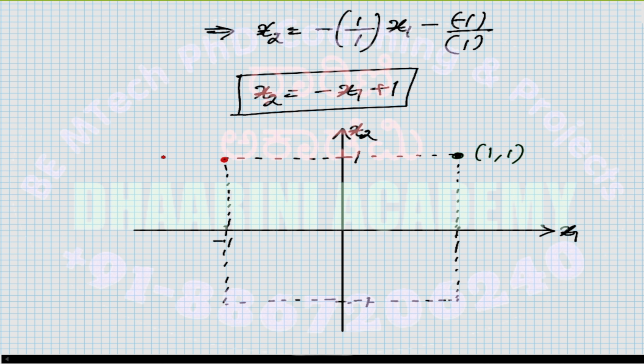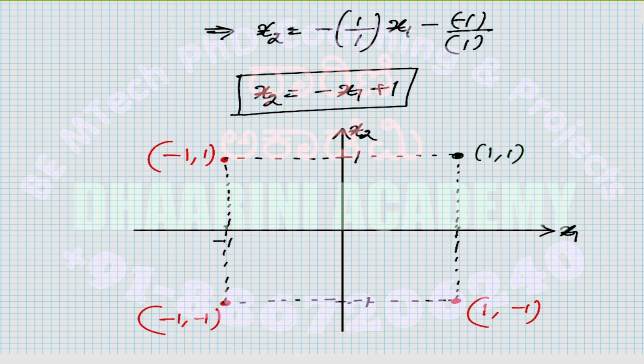So this is -1 comma 1. The next point is -1 comma -1, and this point is 1 comma -1. I know that they belong to different classes, so I plotted with different colors.